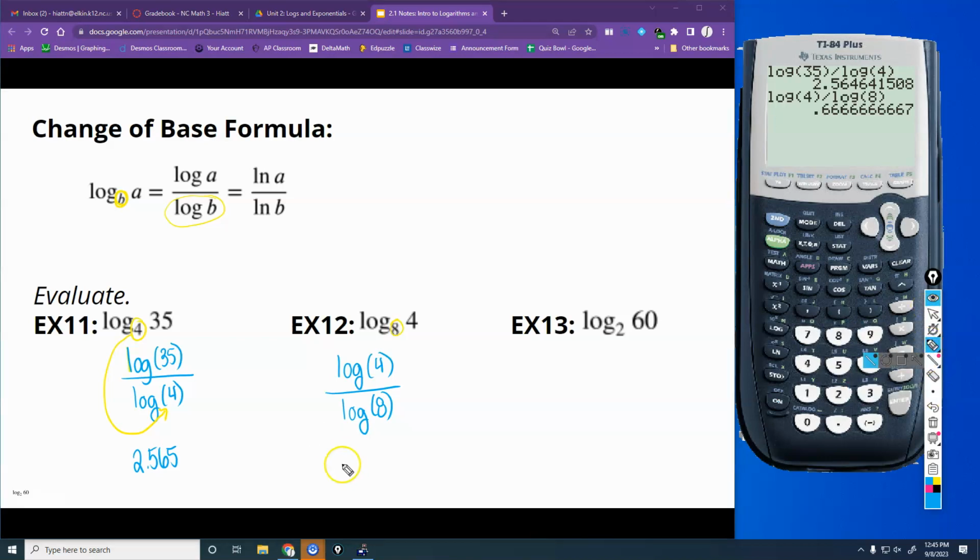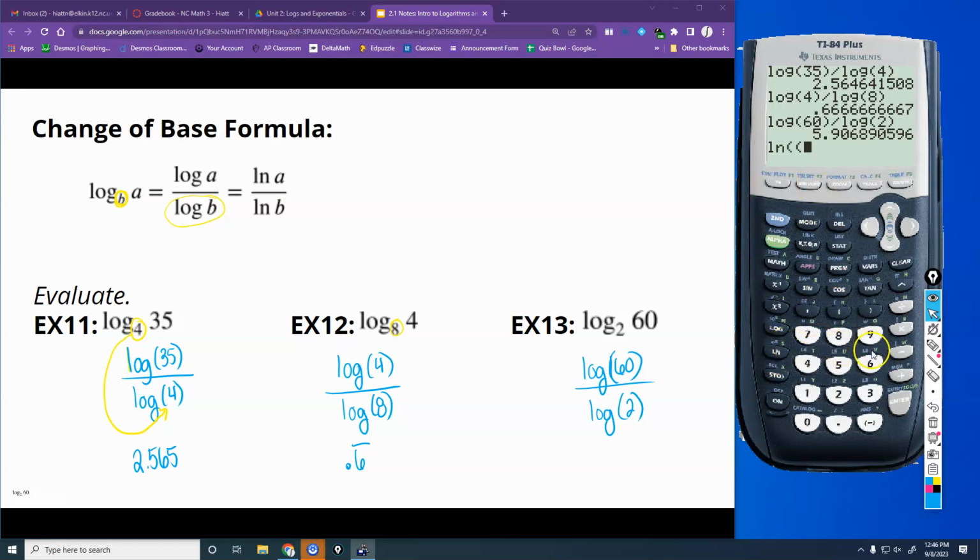All right, 0.6 repeating. So, Rhett, how would I type in 13? Log 60 over log 2. And you'll actually find that if you use the LN, it works the same.